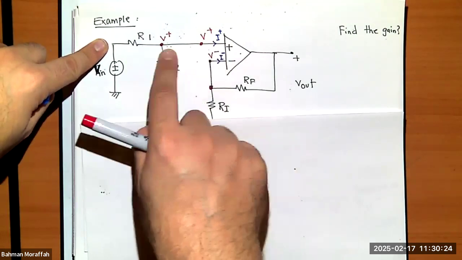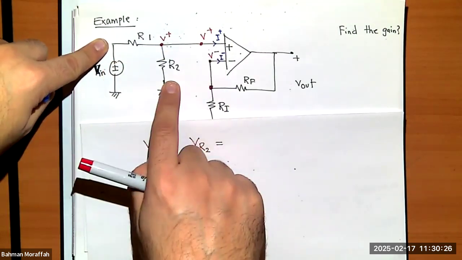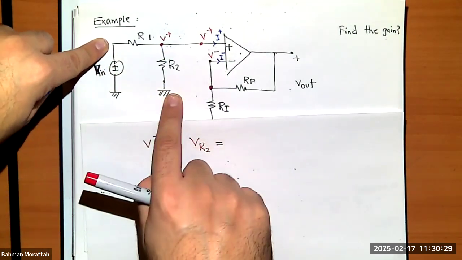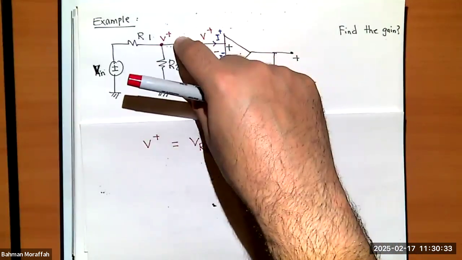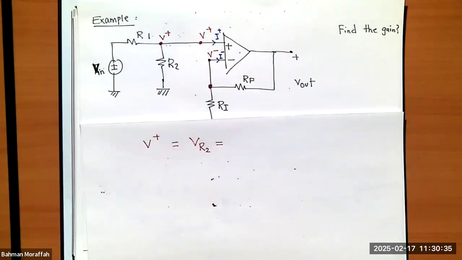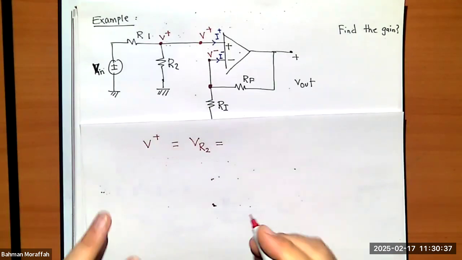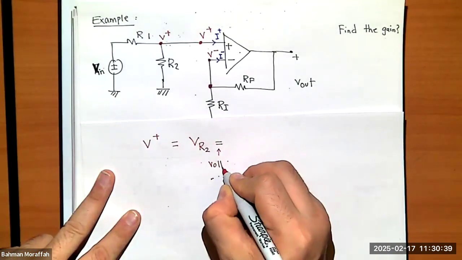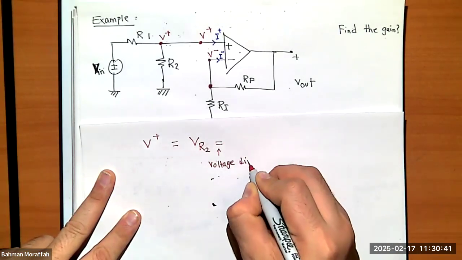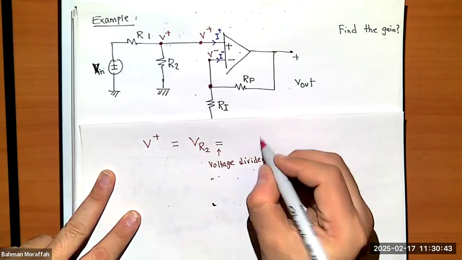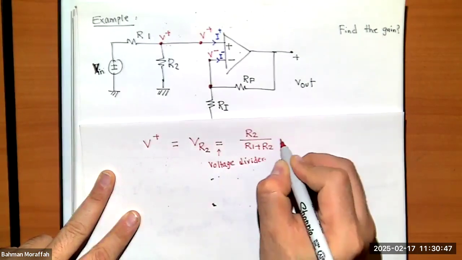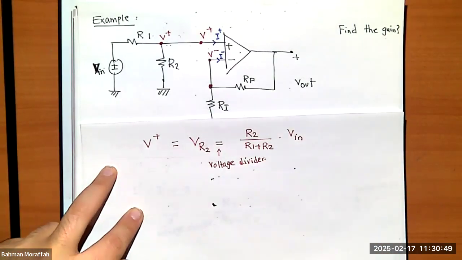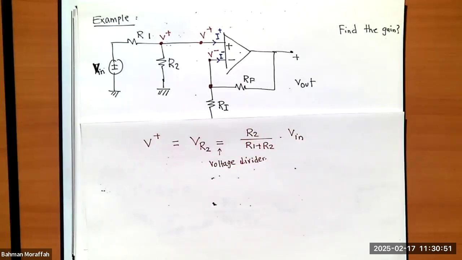There is no current leakage over here. They're back to back. I know voltage across both of them is Vn. What is voltage across R2? It's R2 divided by the whole thing. So again, this is another voltage divider, which tells me that should be R2 divided by R1 plus R2 times Vn. Right?